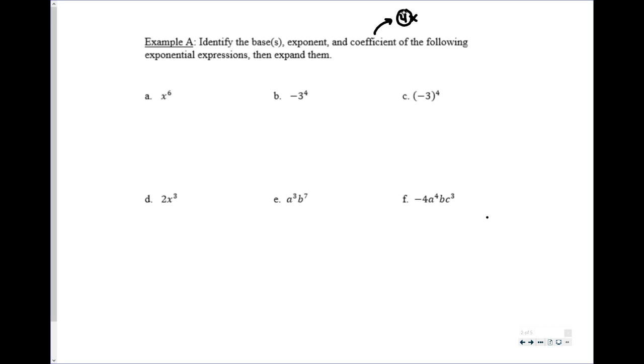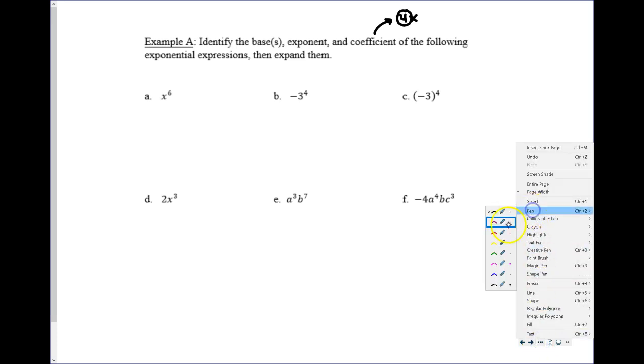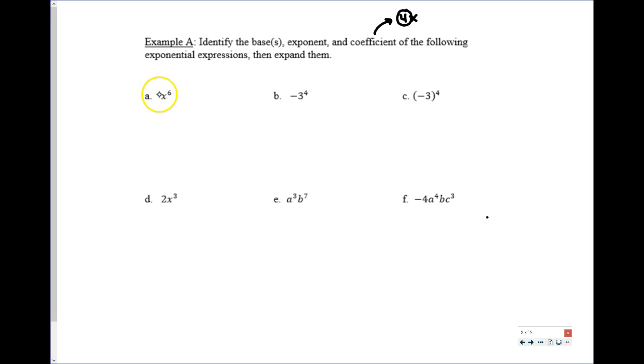So when I look at example A, I don't see a number here, so I know that my coefficient is actually that invisible 1 right there. So my coefficient is the number 1. The base is x, right? This is my base right here, x, and my power is 6. Okay?